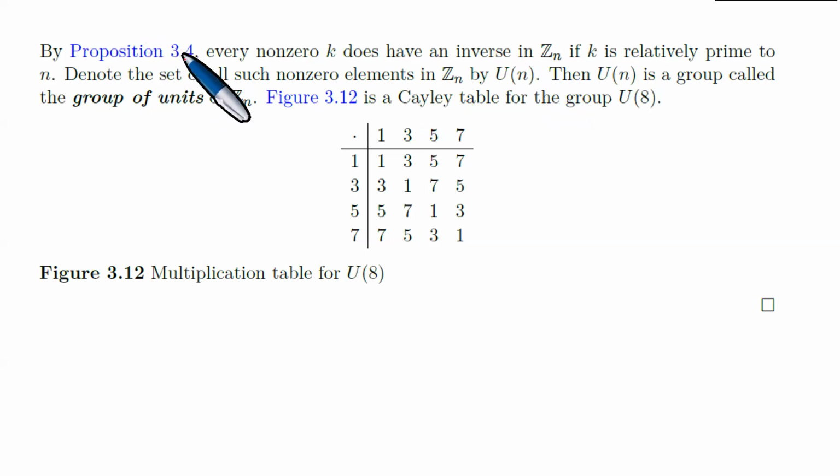We saw proposition 3.4: every non-zero k does have an inverse in Zn if k is relatively prime to n. So if k is relatively prime to n, then you can get the inverse. K does have an inverse if k is relatively prime to n.